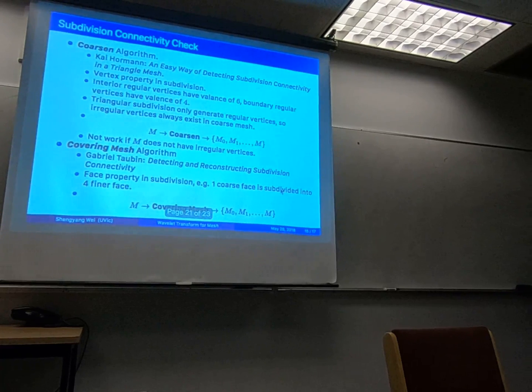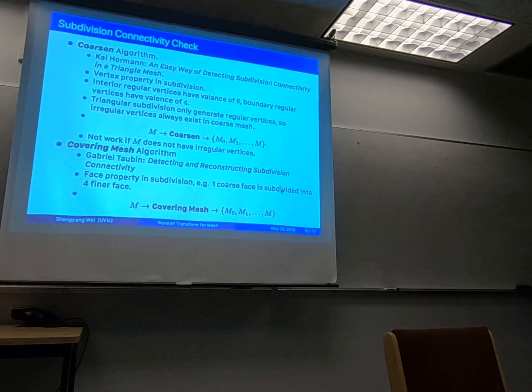So remember, for the lifted Wavelet transform, we require a subdivision connectivity, and we also need a topology that defines connectivity for the coarse vertices and the finer vertices. But it's awkward to ask a user to provide that, so we need some algorithm to calculate the coarse topology.